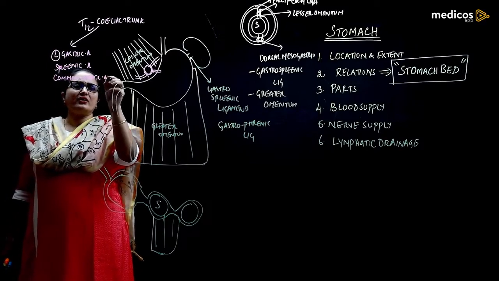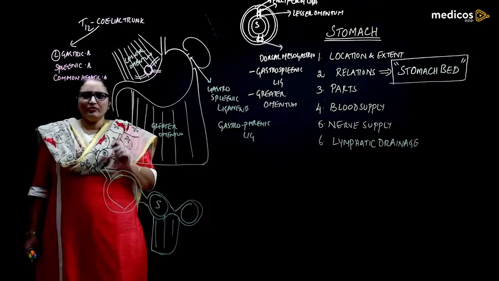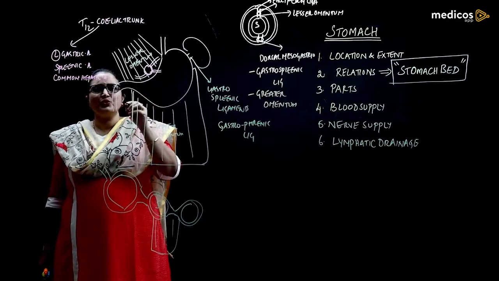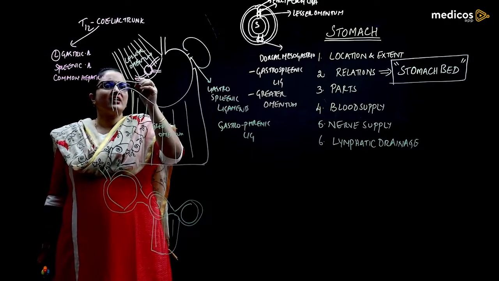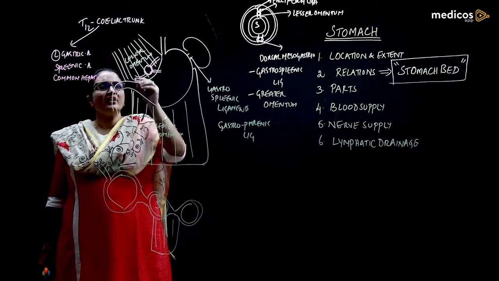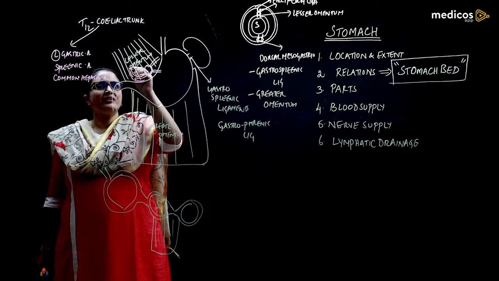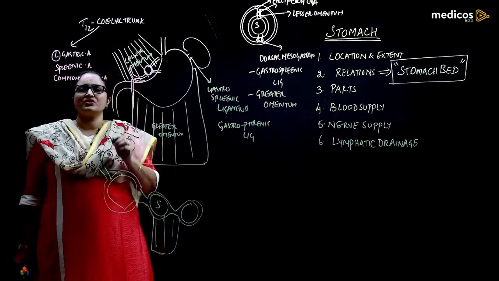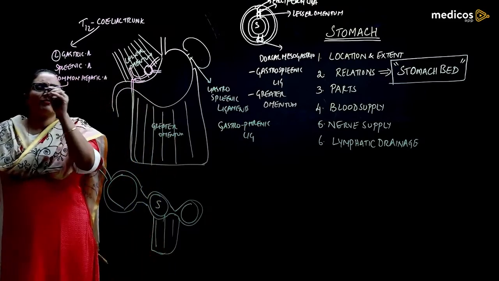The common hepatic artery again divides into three branches. What are these three branches?